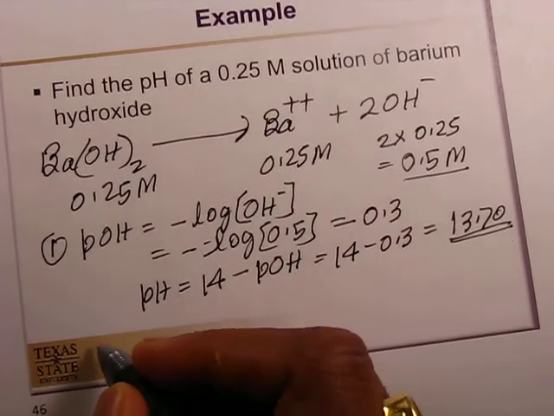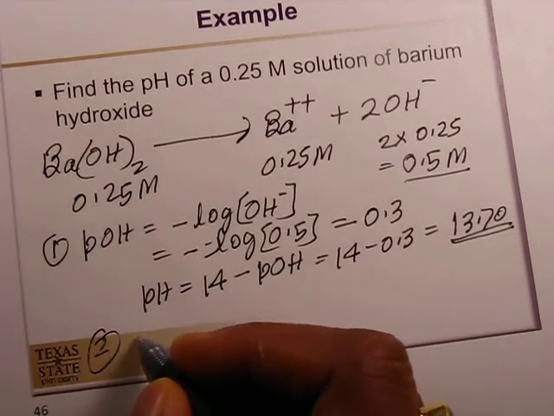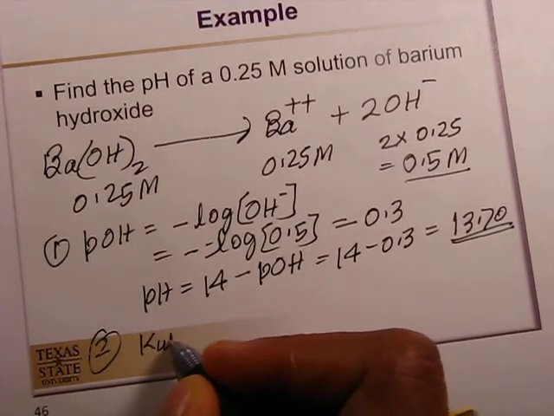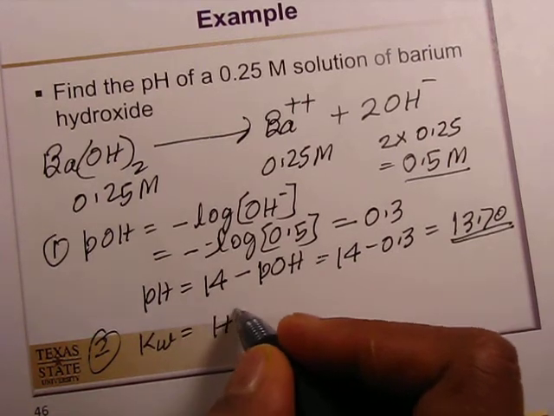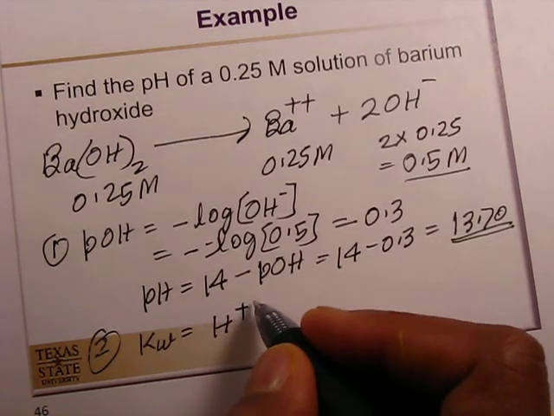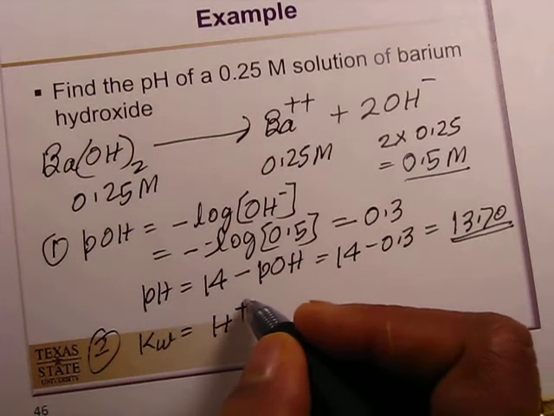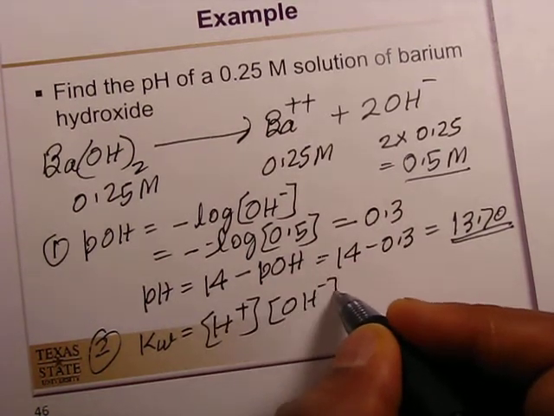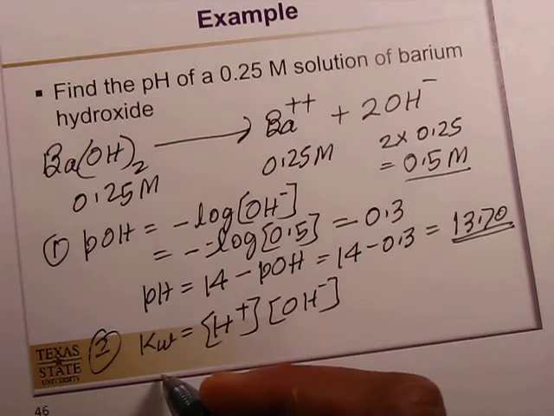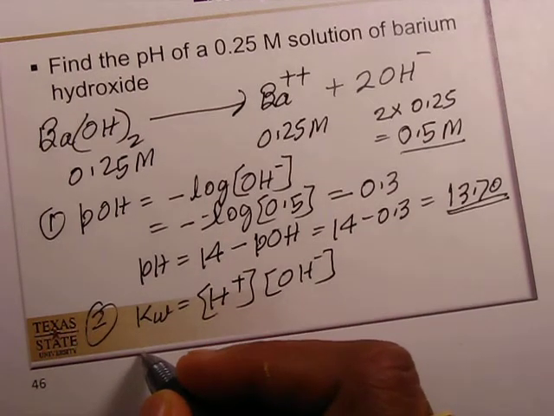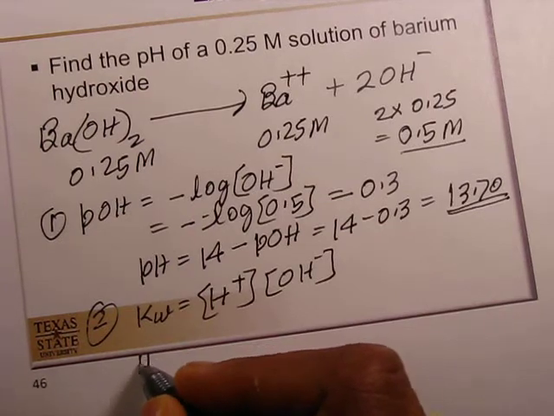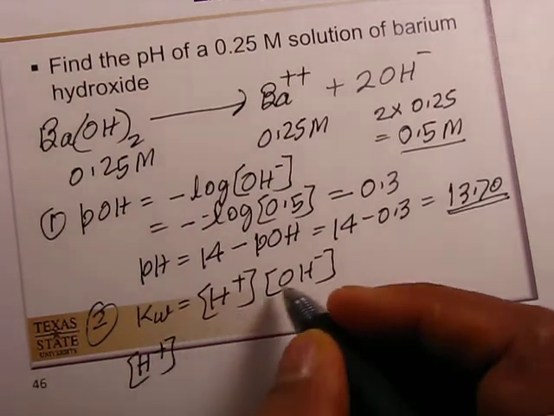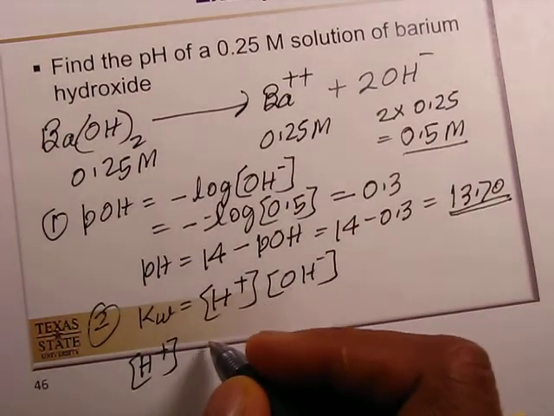And there is one more method we can use to calculate it. We know that Kw is equal to the hydrogen ion concentration times the hydroxyl ion concentration. So we can calculate the hydrogen ion concentration first, if it is occurring at 25 degrees Celsius.